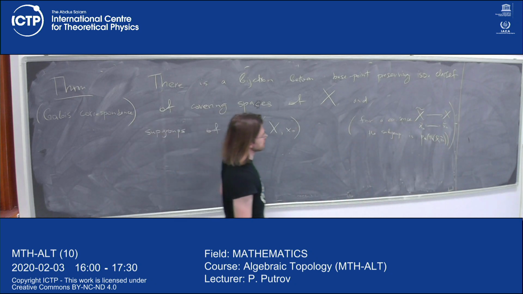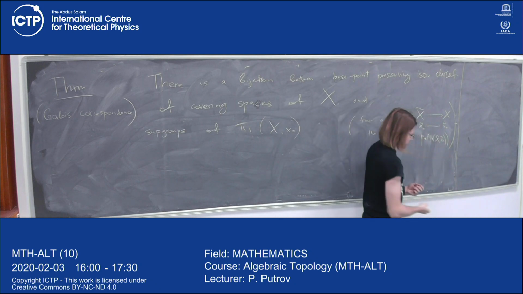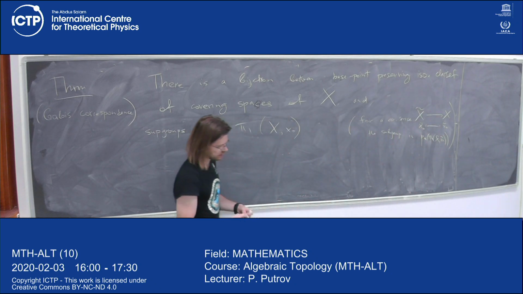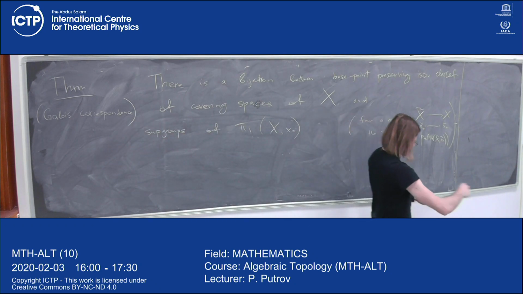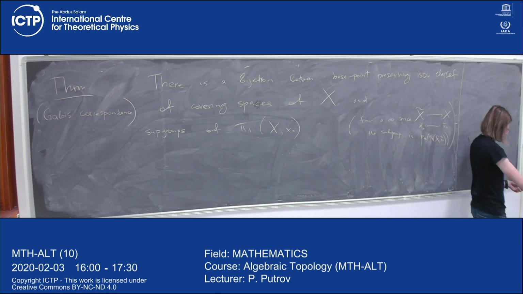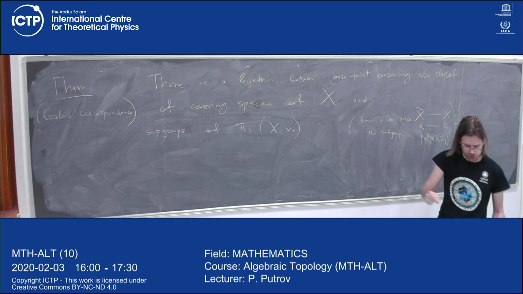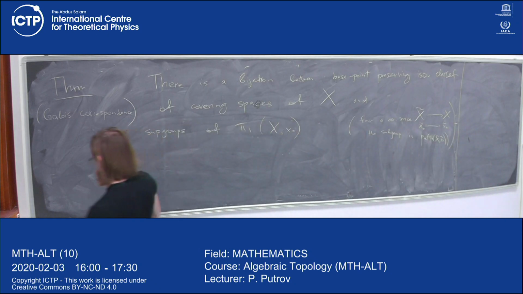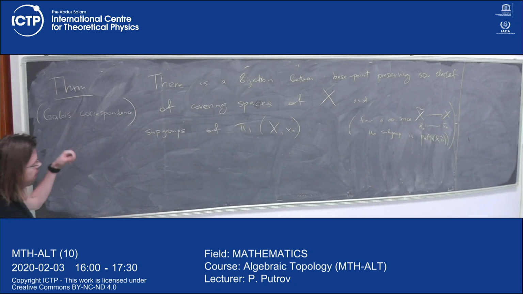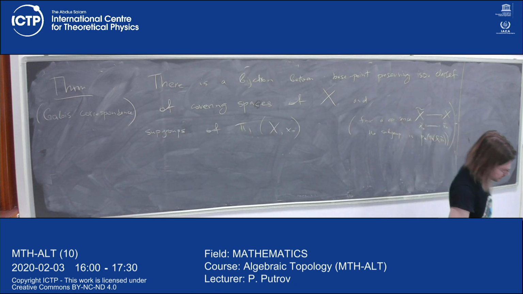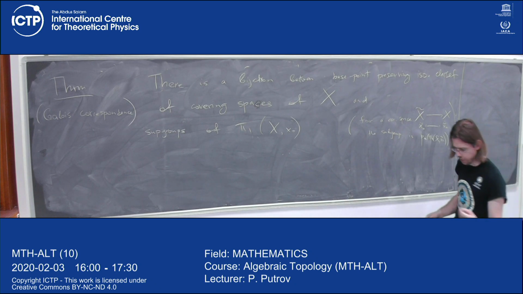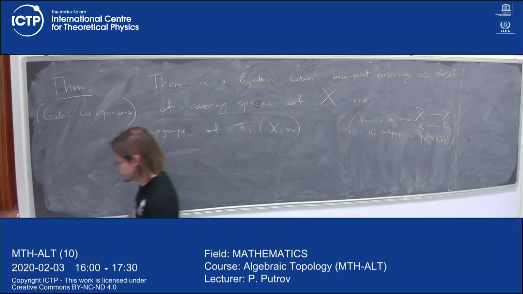Base point preserving means that the homomorphism which enters in the definition of the isomorphism not just commutes with these covering maps, but also takes the lift of the base point of one space to the lift of the base point of the other.